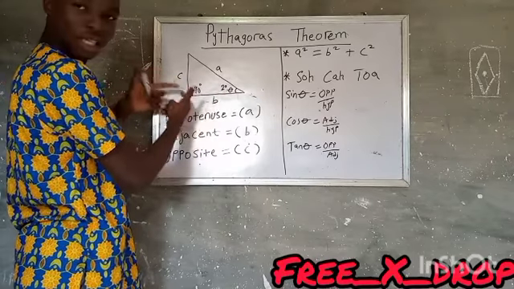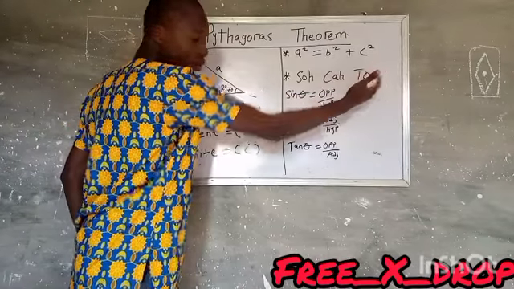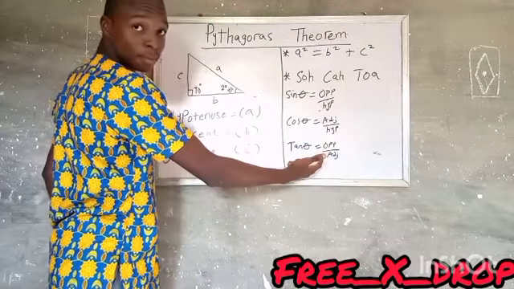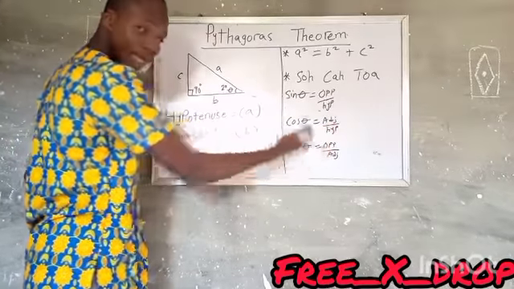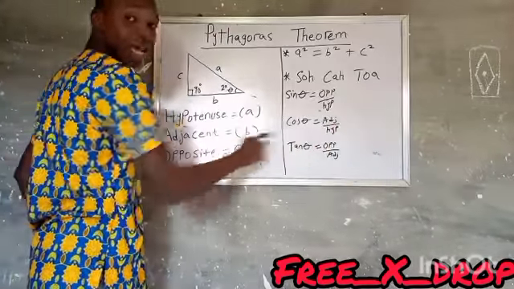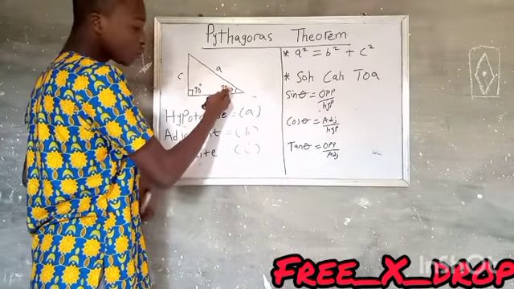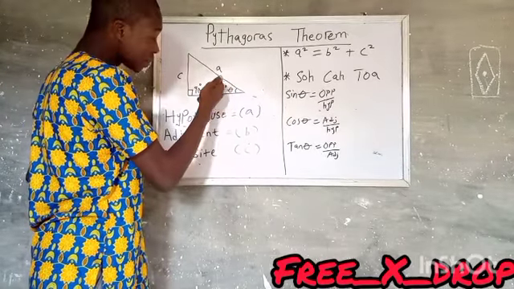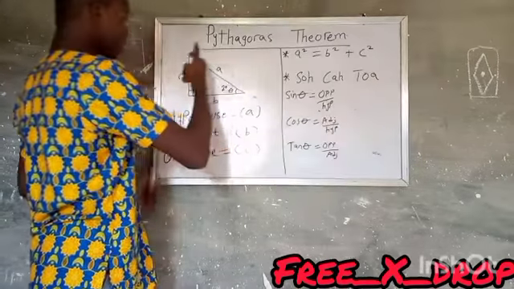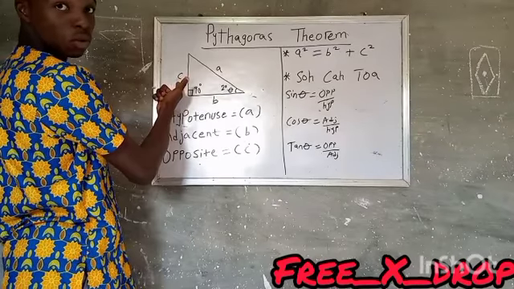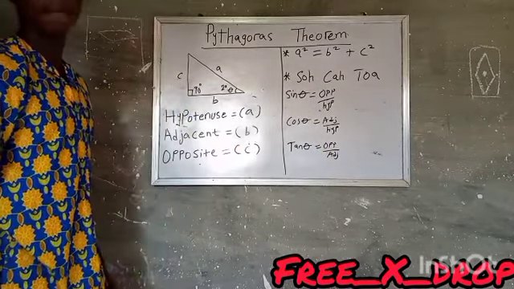Which formula connects opposite and adjacent? You see it? So this is the formula that connects opposite and adjacent, which is tan theta. So what you simply do, you take tan theta, which is tan 20. Tan 20 will be equal to the opposite, which they gave you as 2, over the adjacent, which you are looking for.